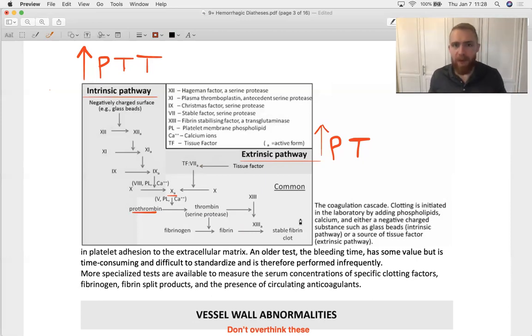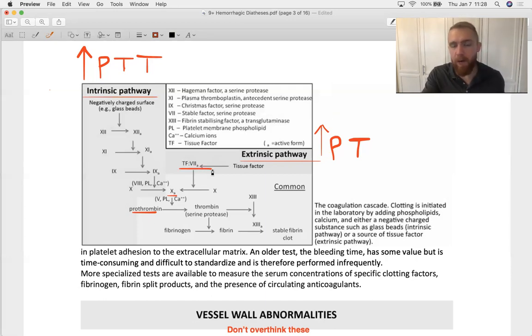They both will be. However, the test that we use to monitor the efficacy of the heparin or the warfarin that we're giving is going to be different based on things that I don't understand. So that's where I'll say I don't get it anymore. You know, why do we use PT for warfarin but not for heparin?